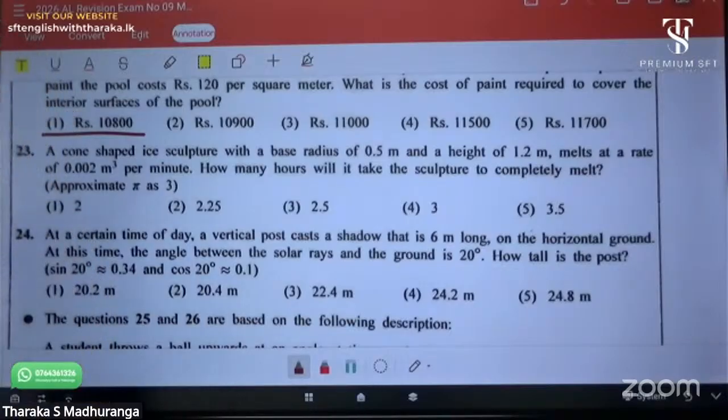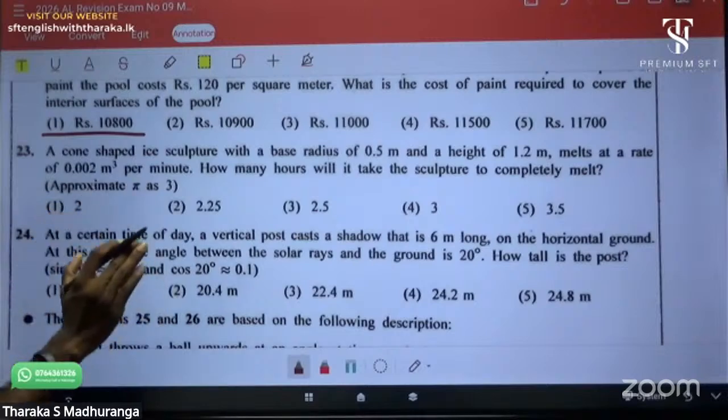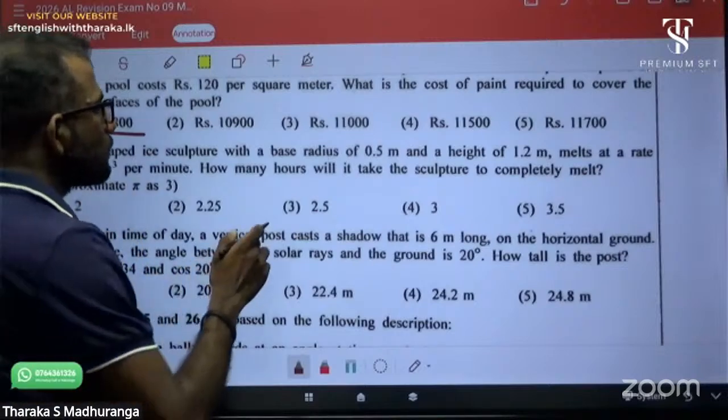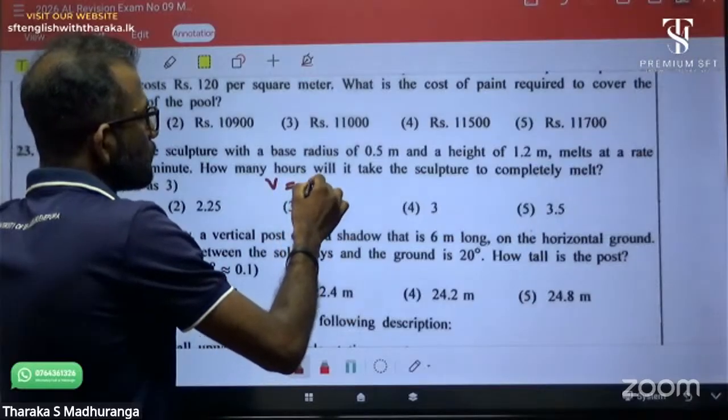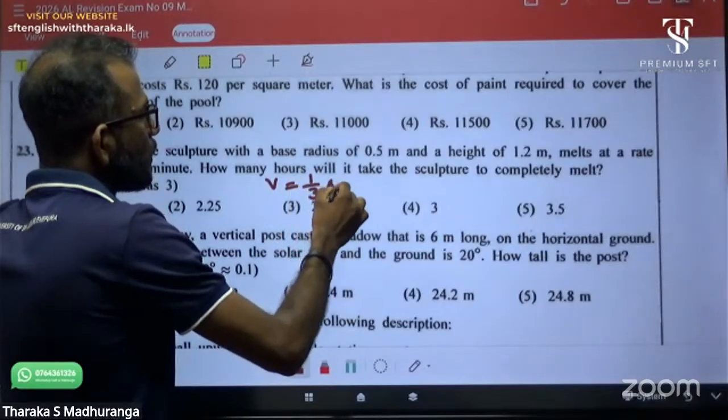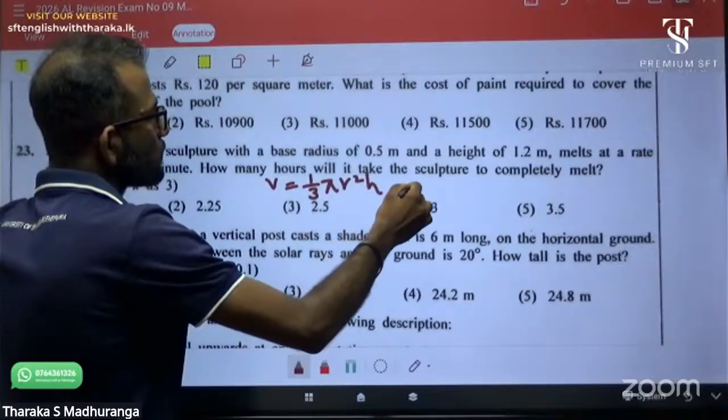How many hours will it take to completely melt? Pi equal 3. First we can calculate the volume of the cone. How to get the volume? Volume equal 1 over 3 pi r squared h.